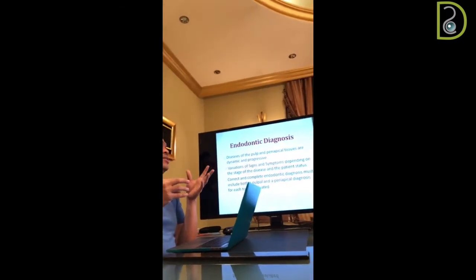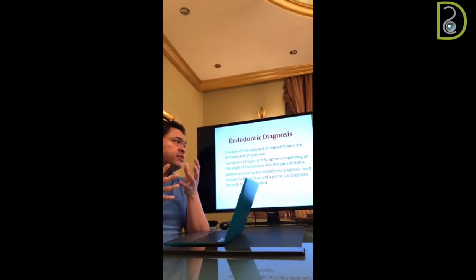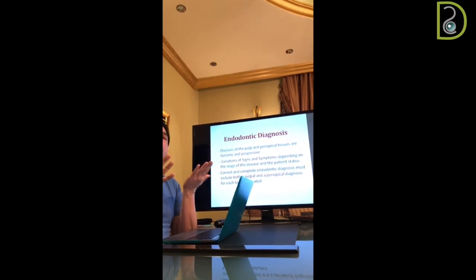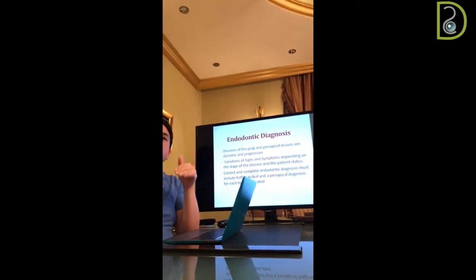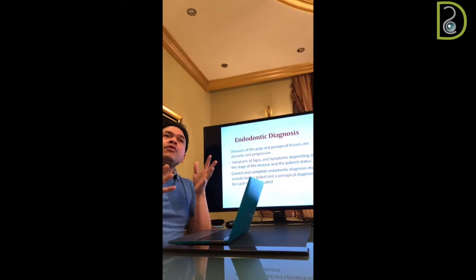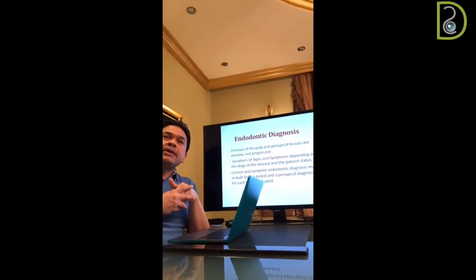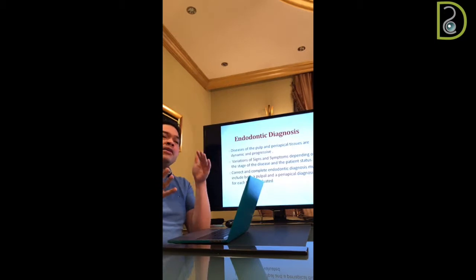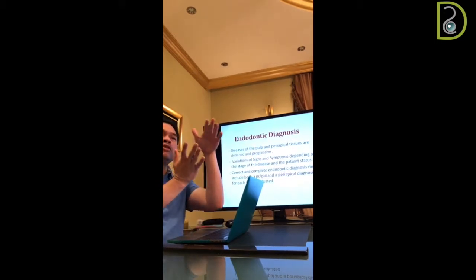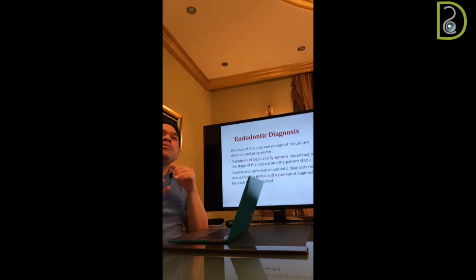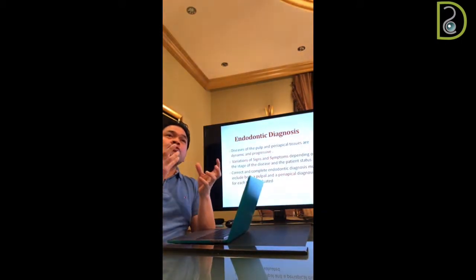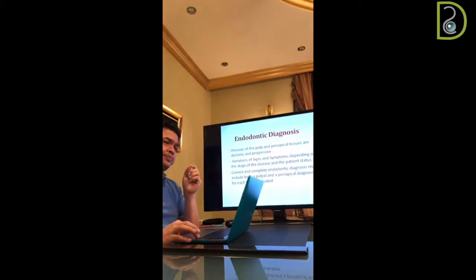The third difficulty is that we have two components, apical and pulpal. All this will affect our decision, because we have to divide the tooth into a coronal part diagnosis, the pulpal, and an apical part diagnosis, and you have to correlate between both of them.